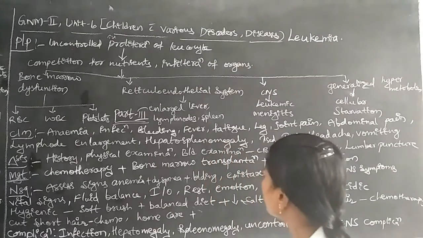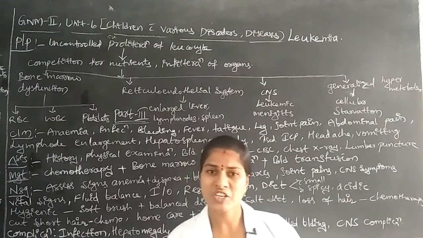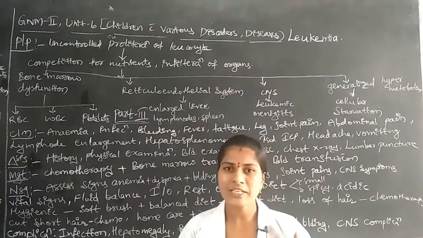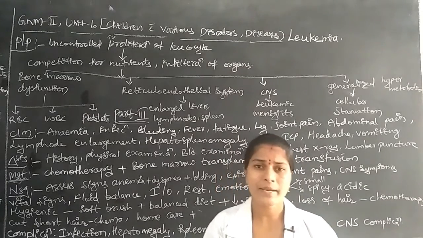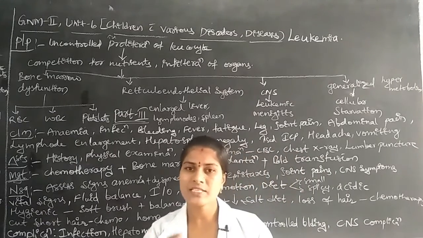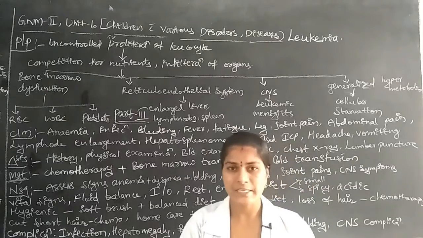Next another one is increased ICP, intracranial pressure. Why? Because leukemia can be affected by meningitis, no? Once the meninges layer gets some infection due to a virus or bacteria, the children may have increased ICP.